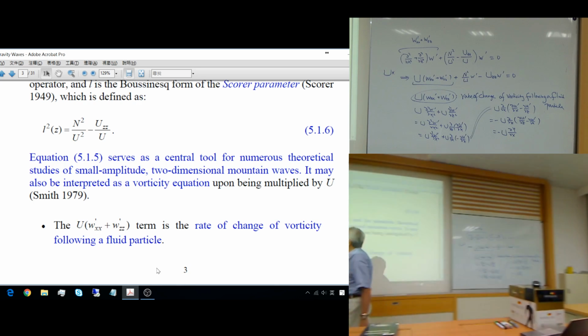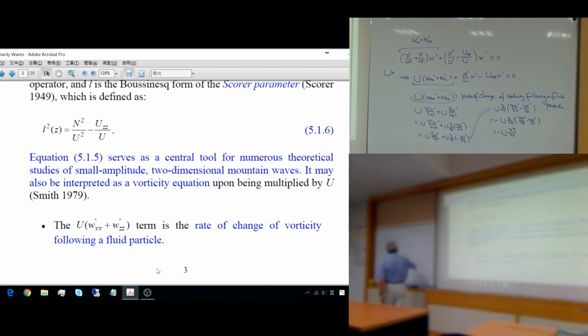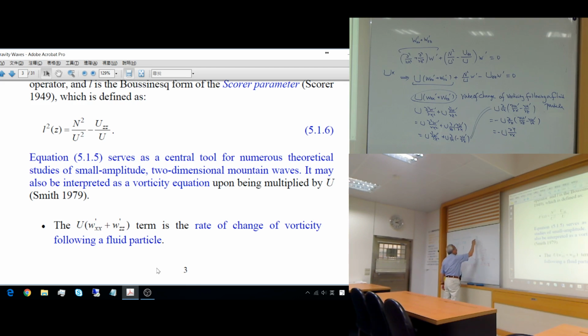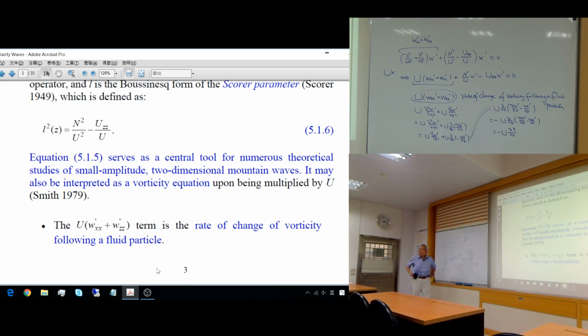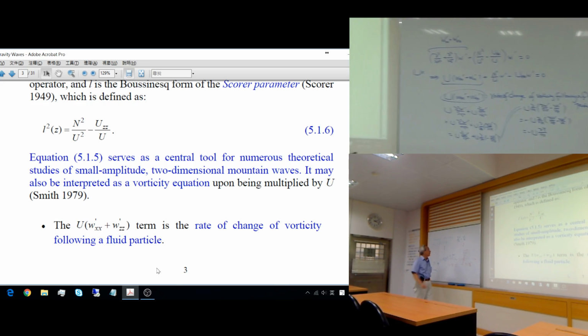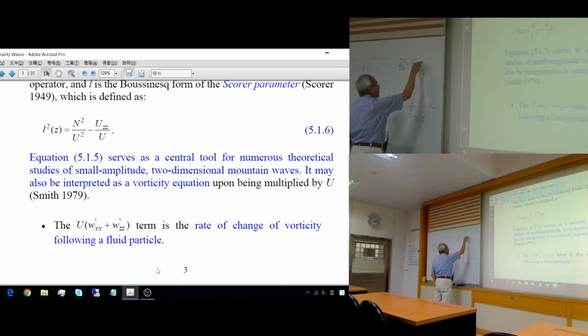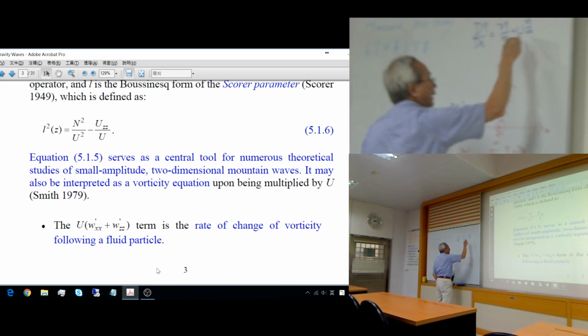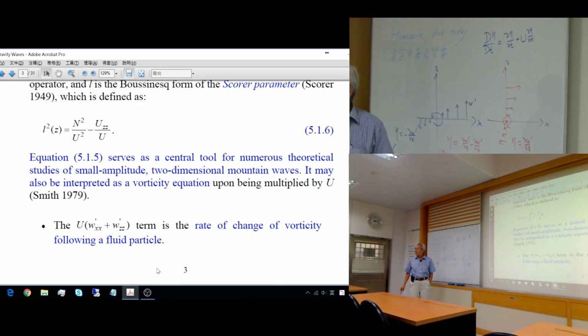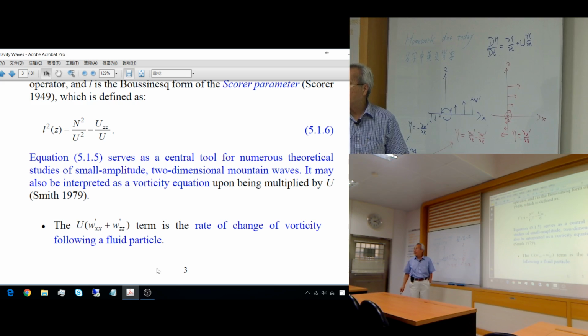And also keep in mind, d/dt of eta is equal to what? Partial eta partial t, right, plus u partial eta partial x. That's it, because we don't have basic vertical motion.